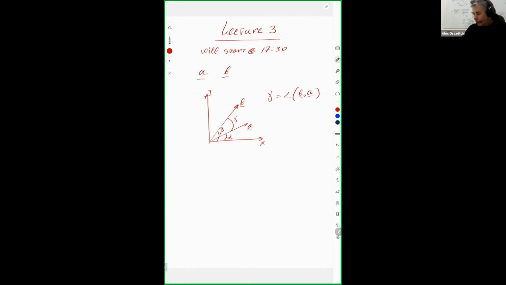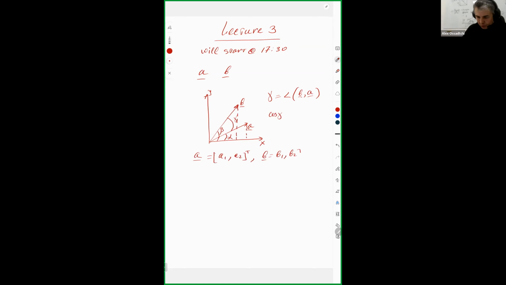In order to derive it, let us think about this angle gamma and try to make some expressions which will tell us what the cosine of gamma is, given the coordinates of the vectors. The coordinate vector of A is (A1, A2) transpose, and of vector B the coordinates are (B1, B2).